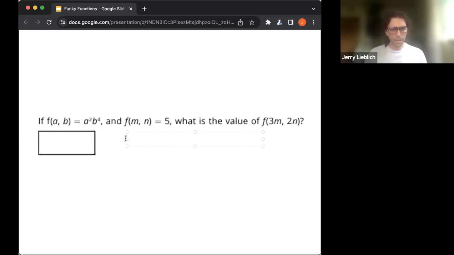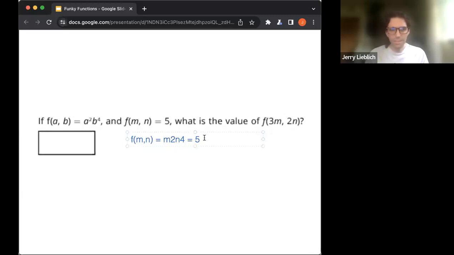So f of mn, we know is equal to m squared n to the 4th, and we know that's equal to 5. Well, okay. Could I solve for m and n here? No. So why can't I?